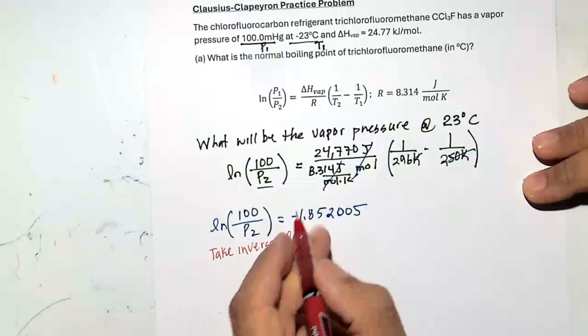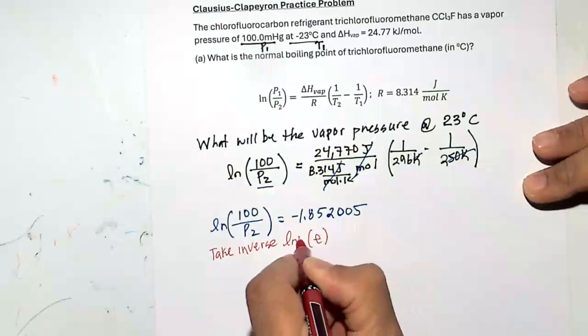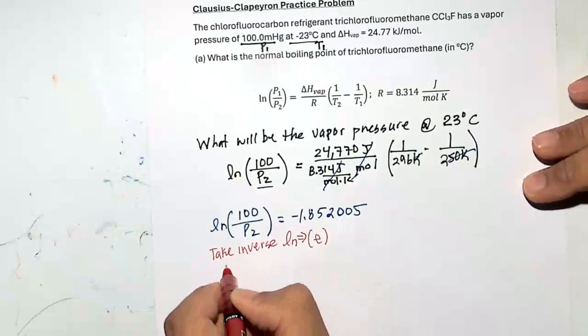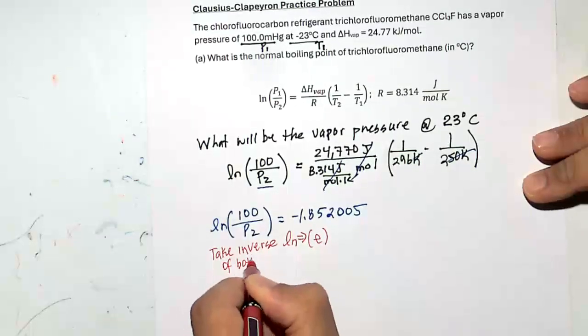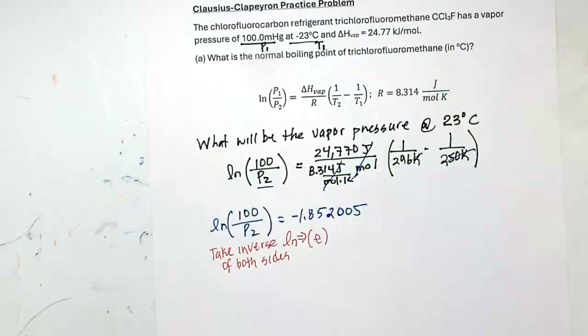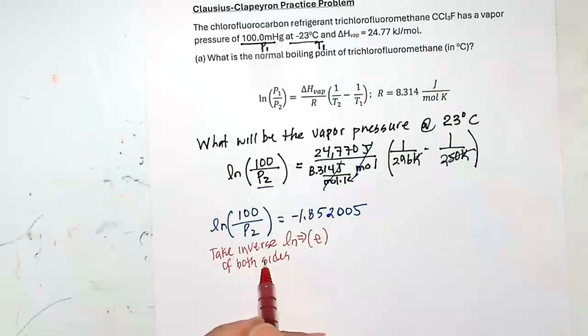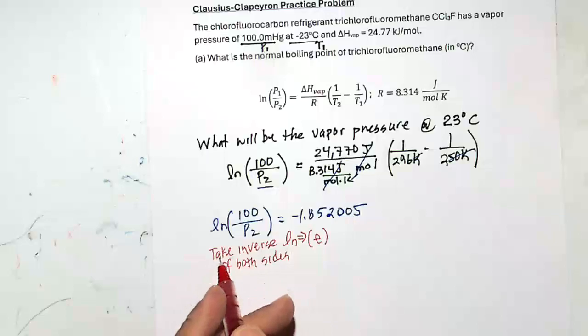This is called e, on both sides. Natural log and e are like flip and flop. If you flip with natural log, to flop, take the e. And if you want to go back, take the natural log. In other words, they're inverses of each other.